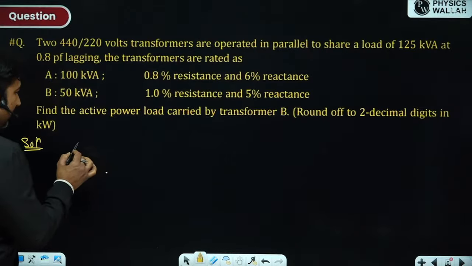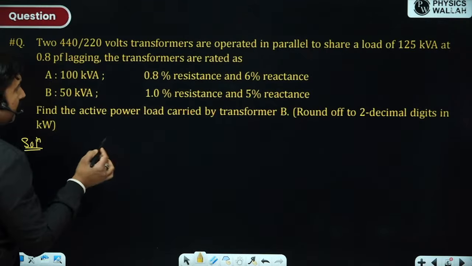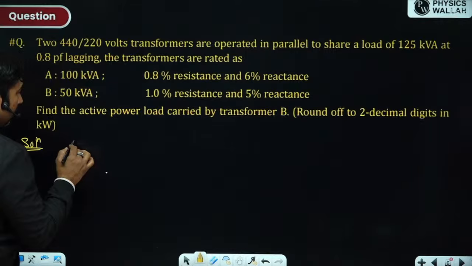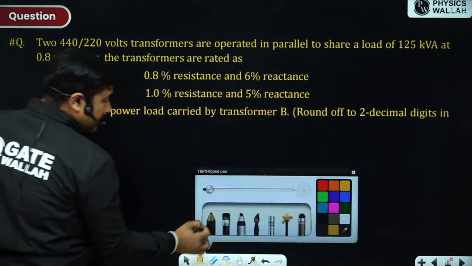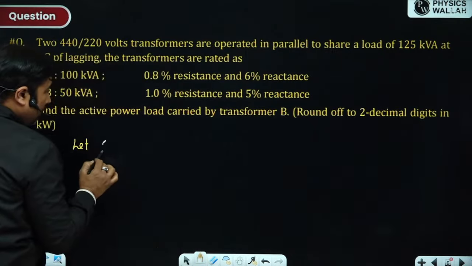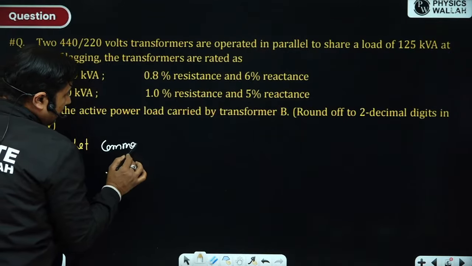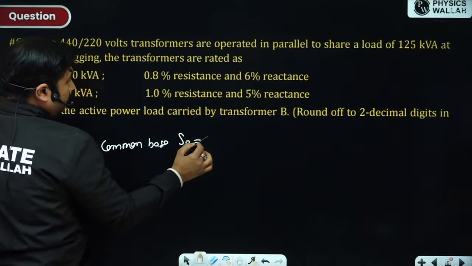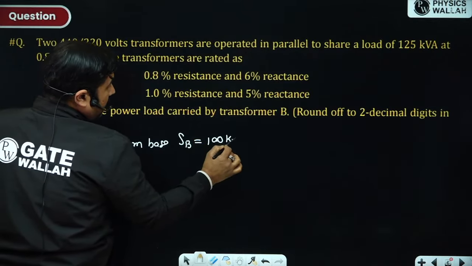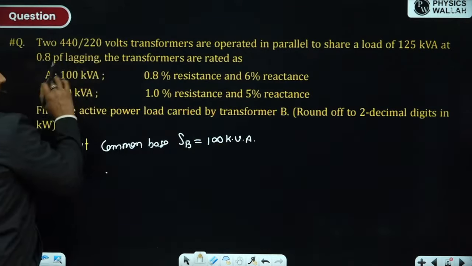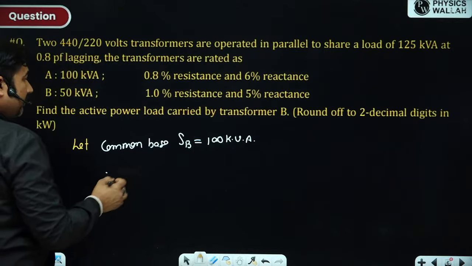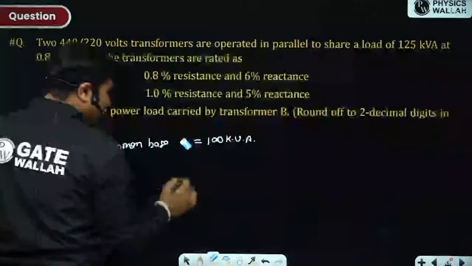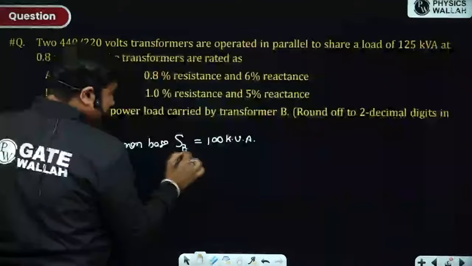So very easy. First of all, you have to choose the common base. Let me assume the common base S base as 100 kVA. If we select any one of the transformers as the common base, this is your S base, not SB, it's S base.